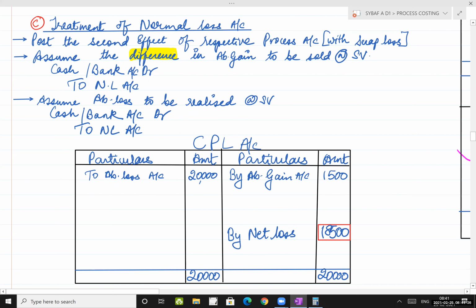So cash bank to normal loss. वही जो अभी मैंने आपको दिखाया था 900 kgs was your expected loss. Normal loss कितना था 900, but gain हुआ 150 का, तो जो difference था 750 kgs that we assume to be sold at scrap value. And last, assume abnormal loss to be realized at scrap value, that is cash to normal loss.